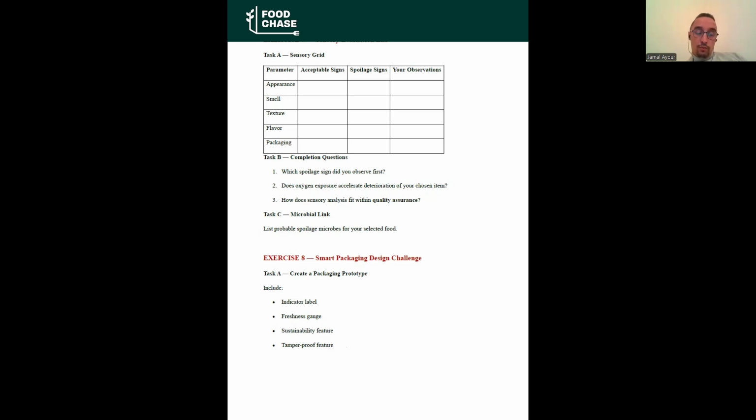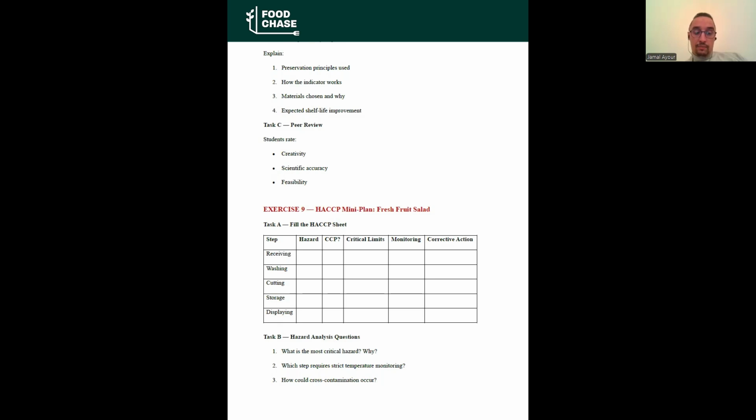The objective of creating prototypes is formulation, including different criteria based on our chapter, and to propose your prototype theoretically, using the criteria explained in this first task of exercise number 8.